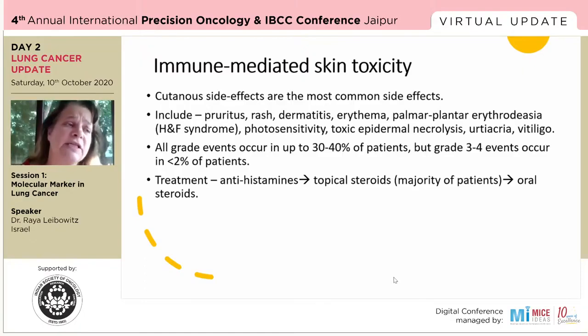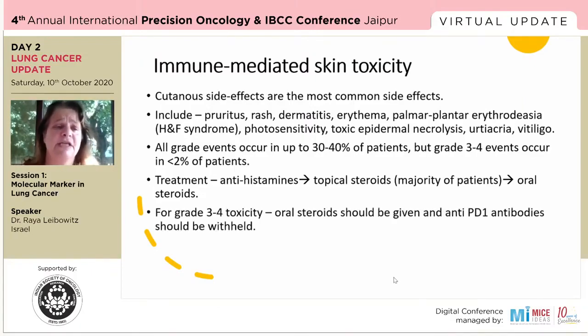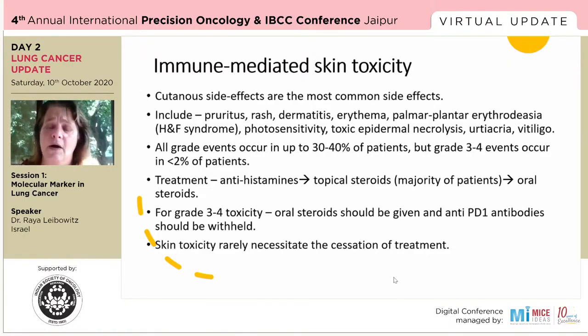So my dermatologists, many times they argue with me. They say, but we don't give a systemic prednisone for rashes. And I say, yes, but this is something a little different. And sometimes we have to give systemic prednisone for these types of rashes. And of course, for grade 3 and 4 toxicities, so the pemphigoid type rashes, or, God forbid, Stevens-Johnson type rashes, we will never resume immune-oncology.